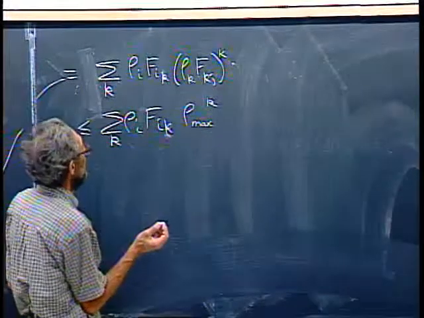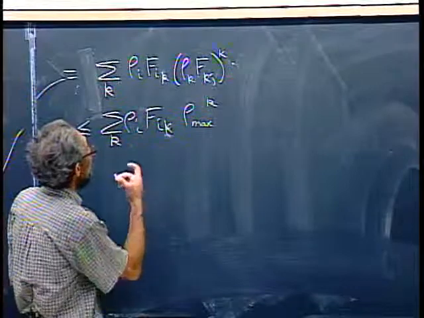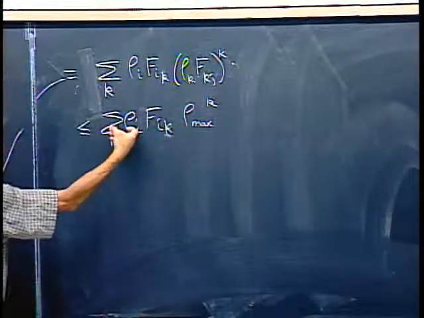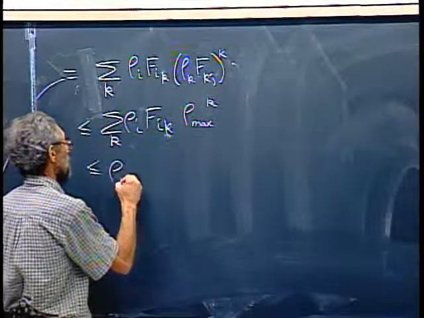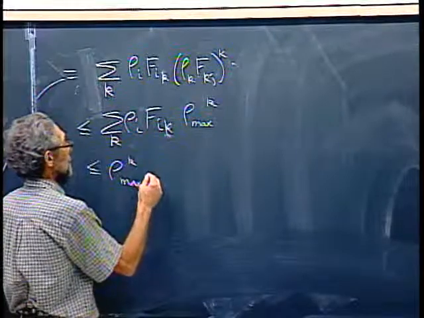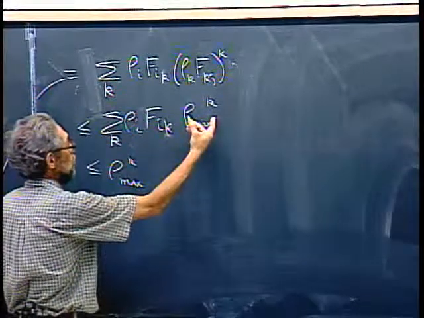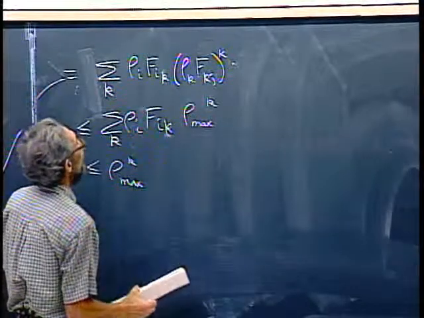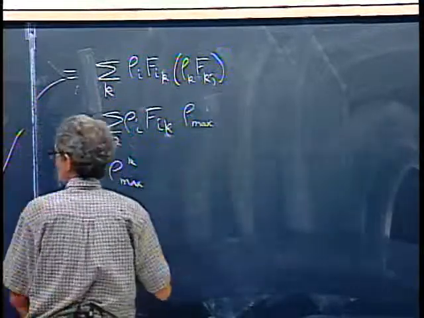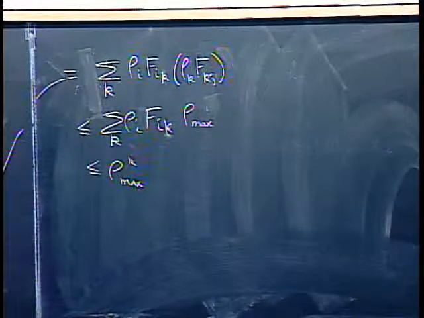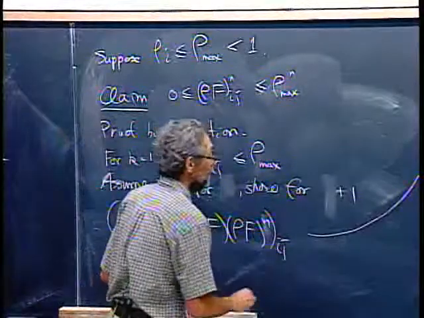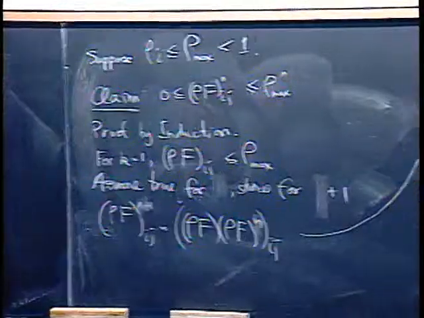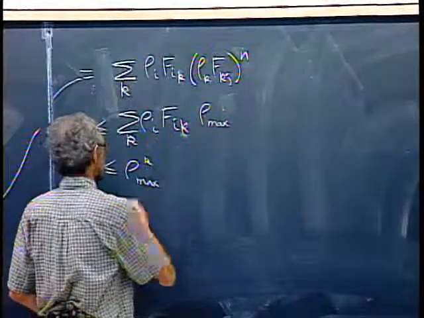And because rho i is less than or equal to this maximum, I get this is less than or equal to rho max to the k times that. Boy, I should have said assume true for n, show it for n plus 1, because k was my ijk formula that I always use for matrix multiplication. Because I had k meaning two different meanings there. Okay, now I'm okay.